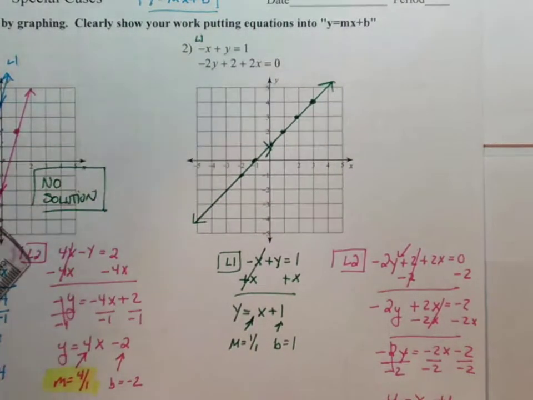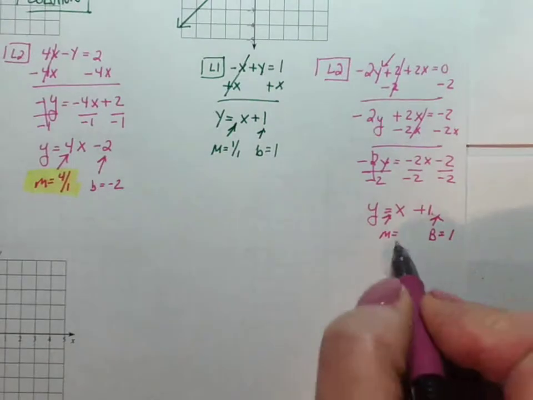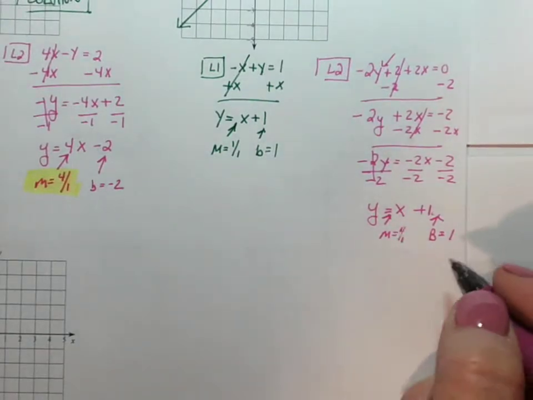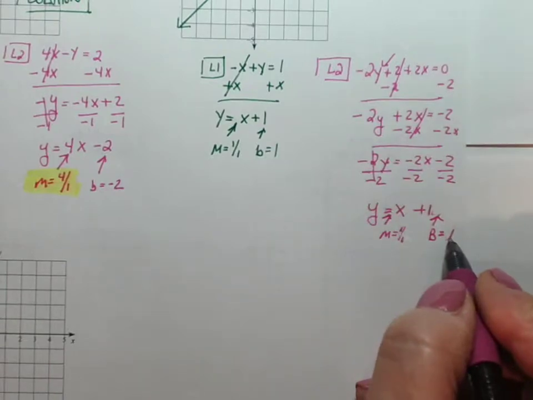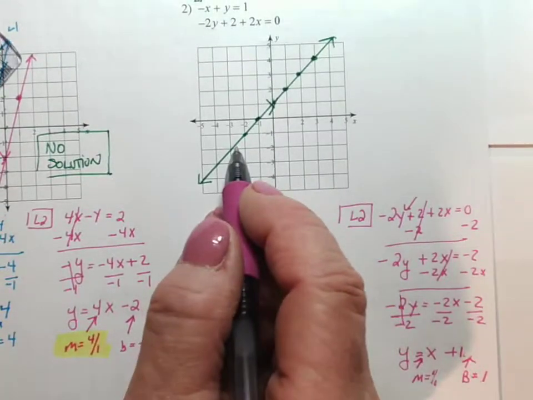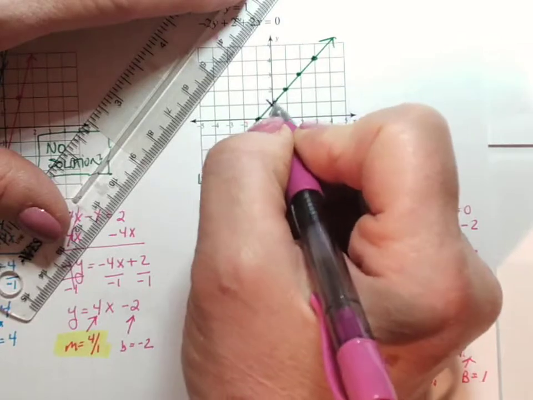What is the slope? Oh, you didn't even see it. The slope is 1 over 1. The y-intercept's 1. And if I were to graph it, which I don't need to, the y-intercept's at 1.